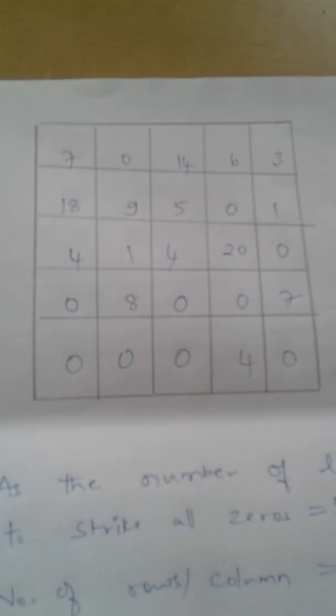And 0 is striked 2 times, so that is the reason this also becomes 4. So with all these changes, we are going to write this new table here. So this new table will look like this with all these changes.